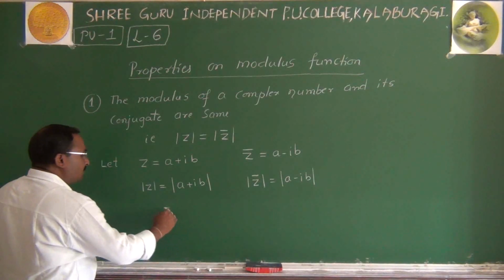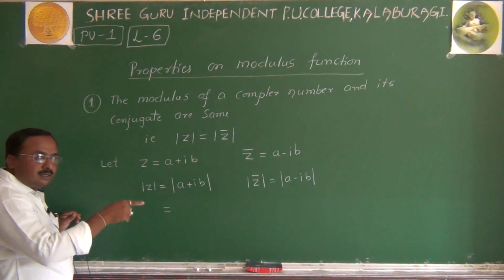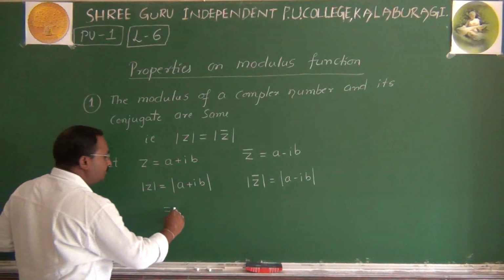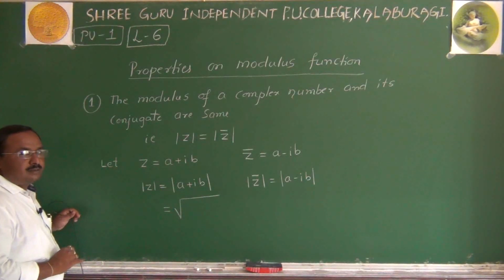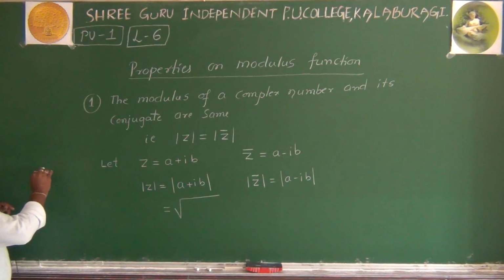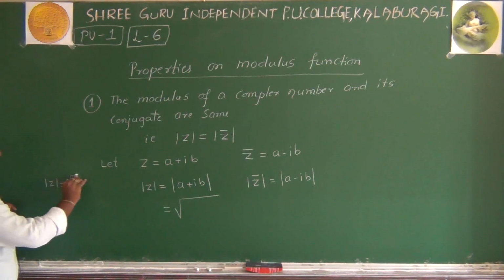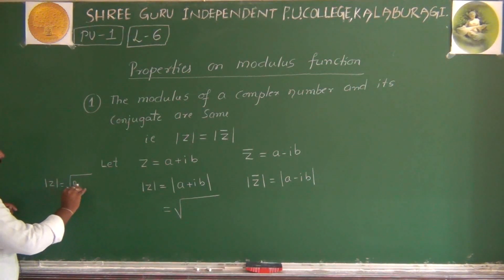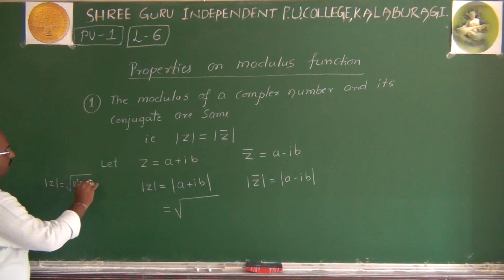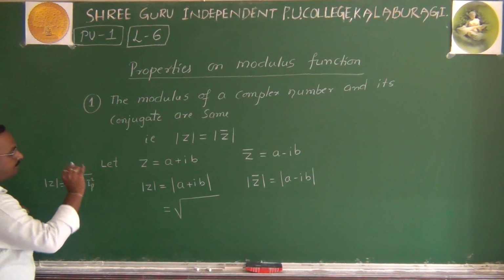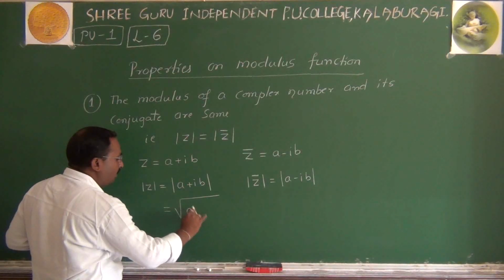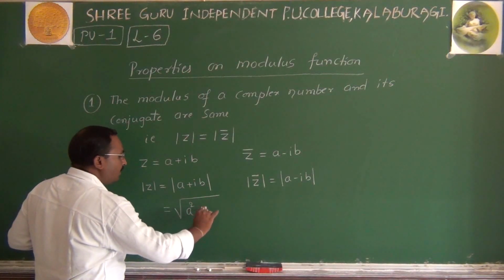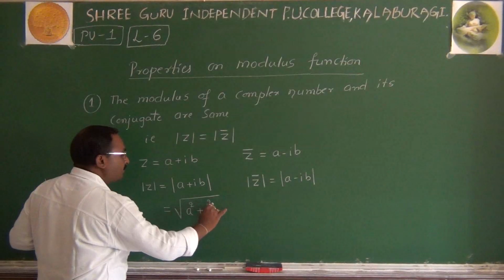You know the definition of modulus: the square root of real part square plus imaginary part square. For Z, the real part is A, so A square, and the imaginary part is B, so B square.